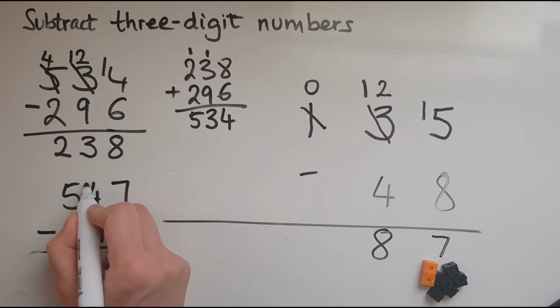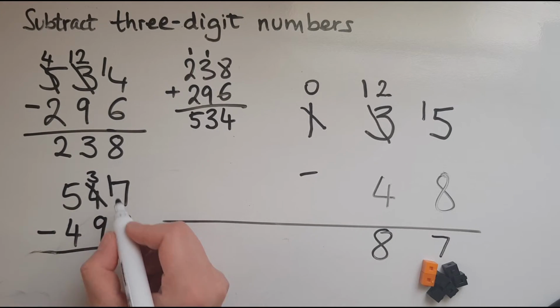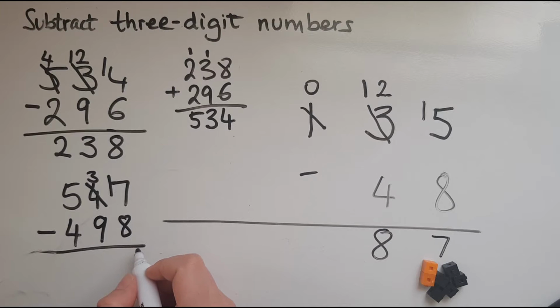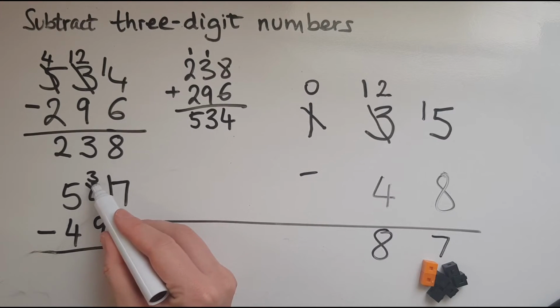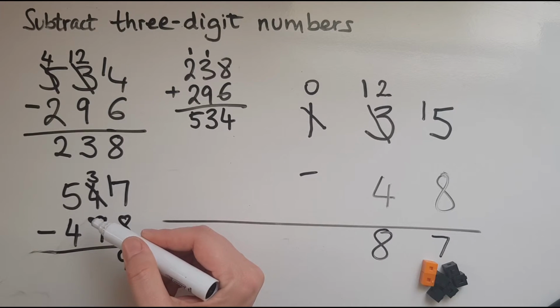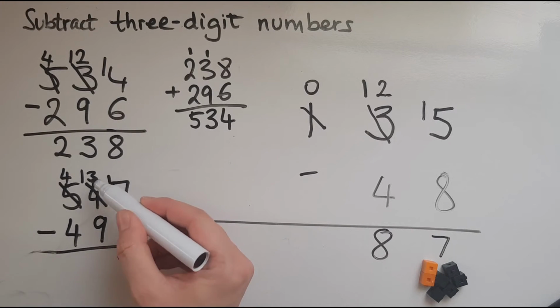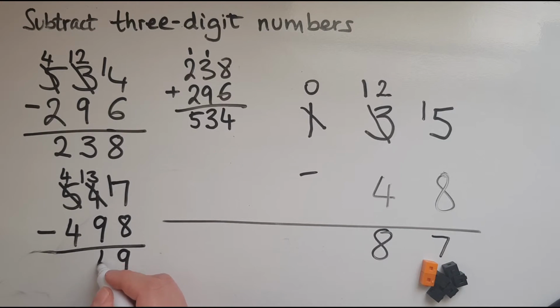So I will borrow 1 from the 4 to make it a 3, so the 7 becomes a 17. 17 take away 8 will give me 9. So now I'm left with the 3, and I need to take away 9 from the 3. So again, I'll need to borrow, so that becomes a 4. 13 take away 9 leaves me with 4. 4 take away 4 is 0, so that is 49, the answer.